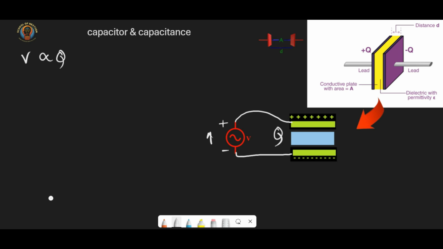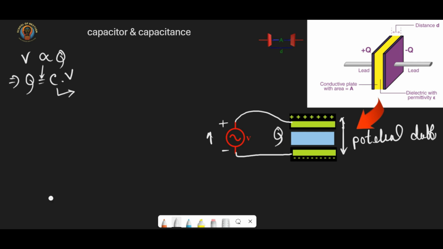At the same time, a potential difference is developed between these two plates. Here we could write down Q equals, eliminating the proportional sign, a constant C, which is actually the capacitance, and obviously V.